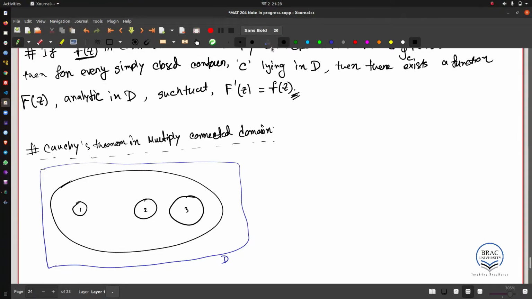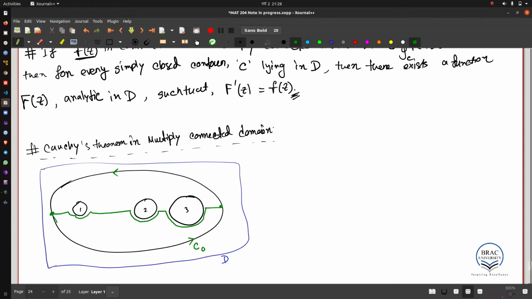The idea is that if you ignore this domain boundary, by ignoring I mean I'm not drawing it over here, what you can do is divide this whole contour, let's say given by C0, because you want to integrate over this contour, into 2 parts. That means first you start from here, you go like this, then you go like this, just avoiding these holes.